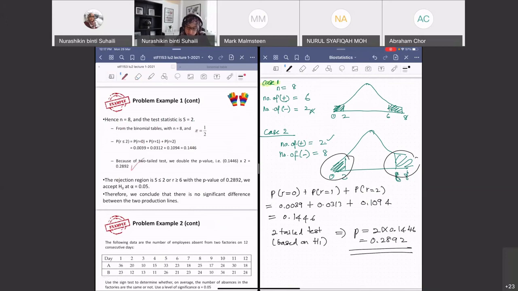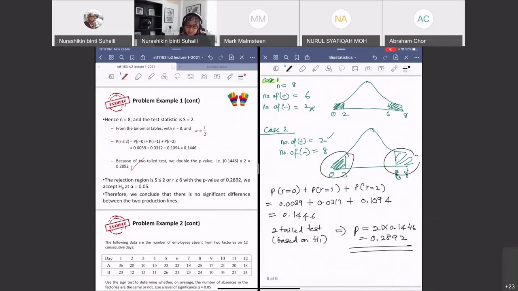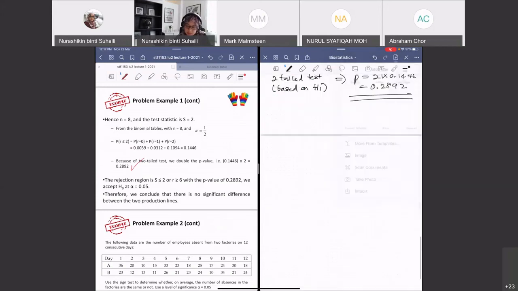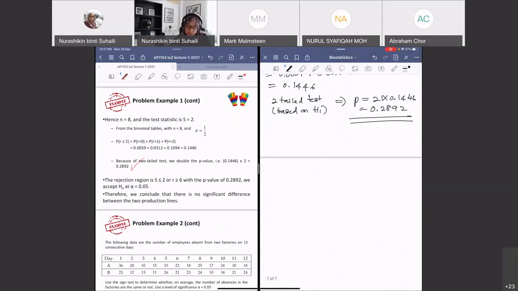Next you have to compare it. The rest is actually the same. We compare with the alpha value, yeah, for you to make the decision. Since P is equal to 0.2892, alpha is 0.05. So the P is greater than alpha. So based on the rule of thumb, we have to accept the null hypothesis.